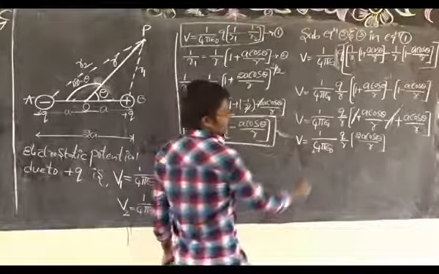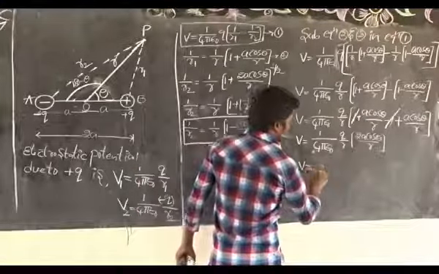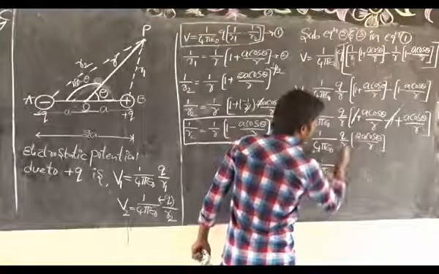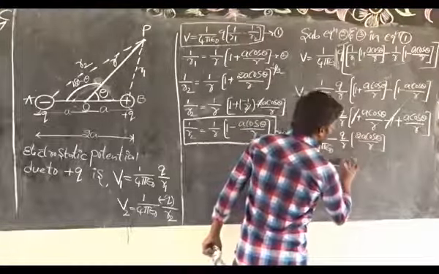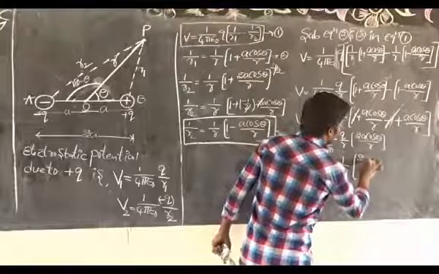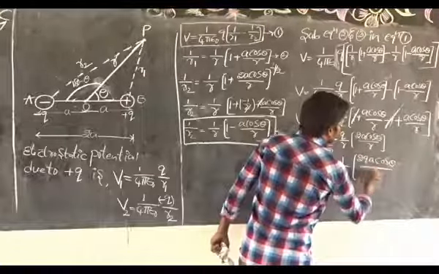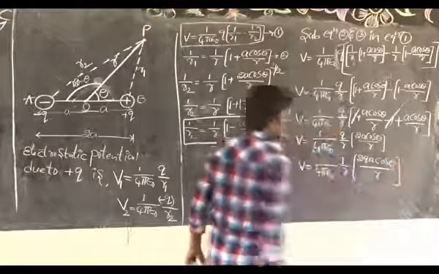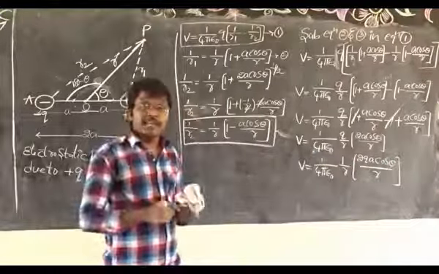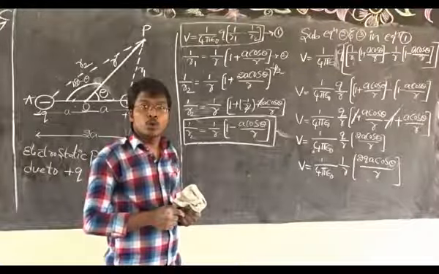So next I am writing this q inside. I multiply. V is equal to 1 by 4 pi epsilon naught into 1 by r into 2qa cos theta by r. By the definition of electrostatic dipole moment, P is equal to 2qa.